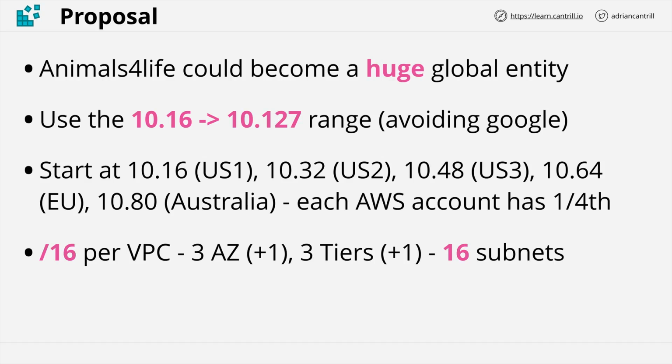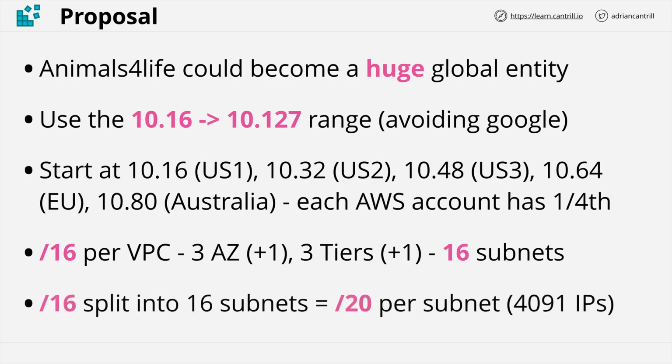Now I'm going to be using the VPC structure that I've demonstrated earlier in this lesson, so we'll be assuming the usage of 3 availability zones plus a spare and 3 application tiers plus a spare. And this means that each VPC is broken down into a total of 16 subnets, and each of those subnets is a /20 subnet, which represents 4,091 IP addresses per subnet.